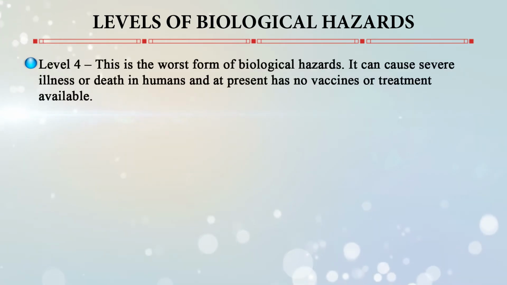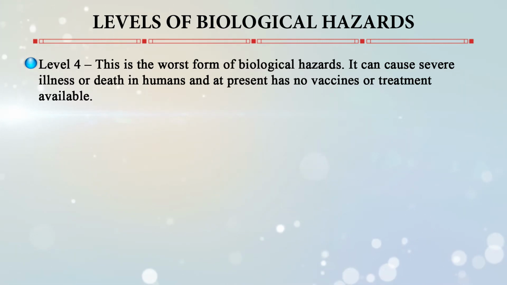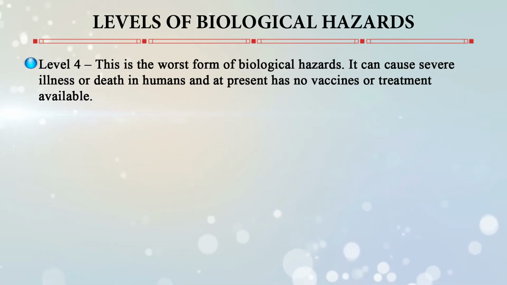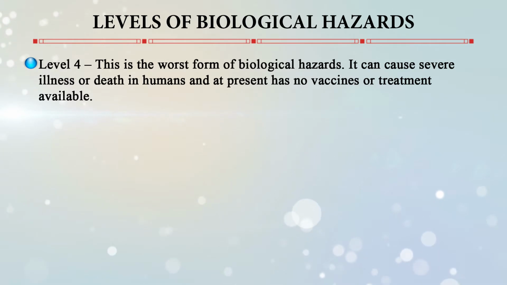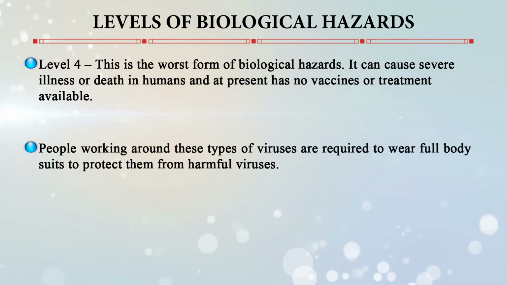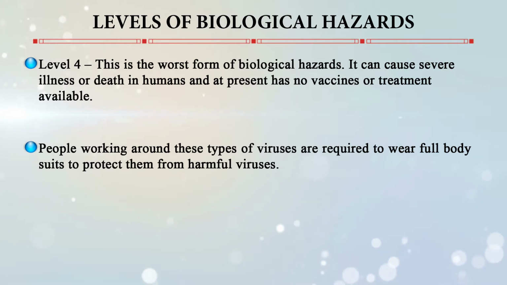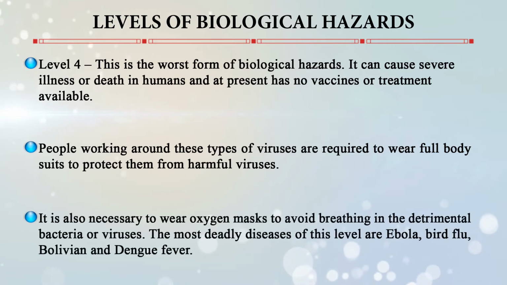Level 4. This is the worst form of biological hazard. This can result in severe illness or death in humans, and at present there is no vaccine or treatment available. People working around these types of viruses are required to wear a full body suit to protect them from the harmful viruses. Again, it is necessary to wear an oxygen mask to avoid breathing in the bacteria or viruses in that area.